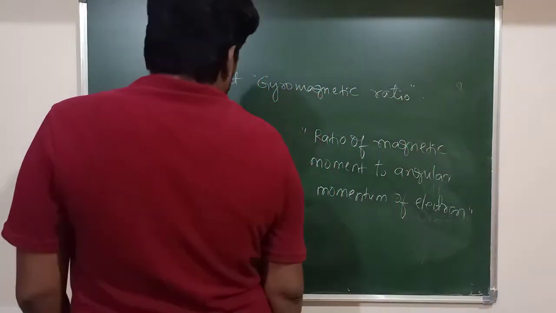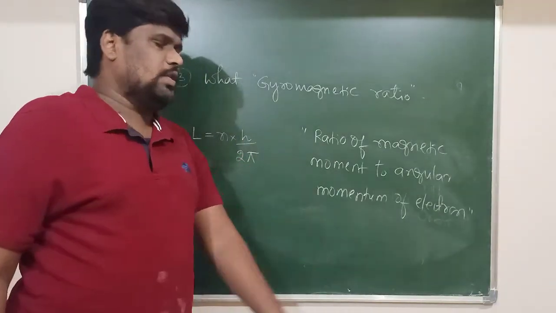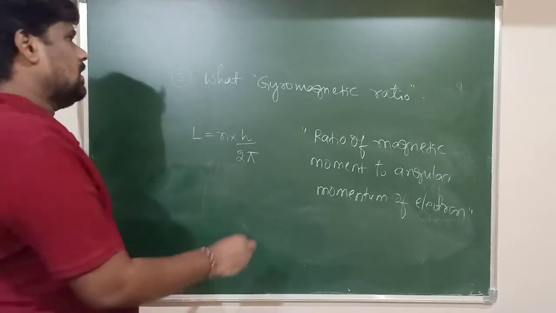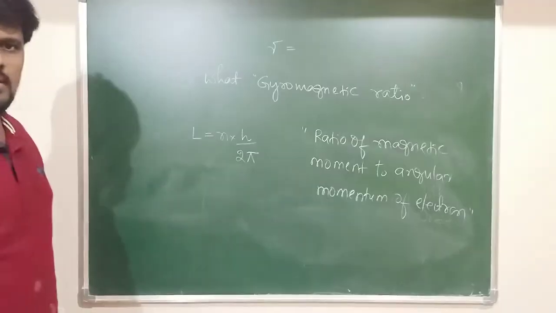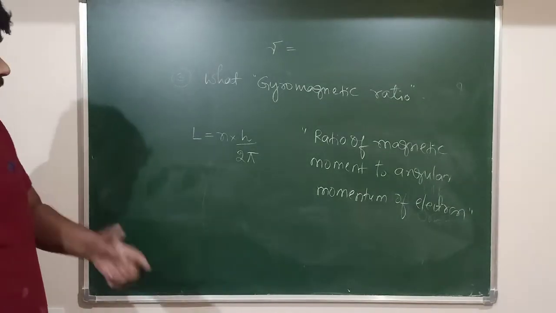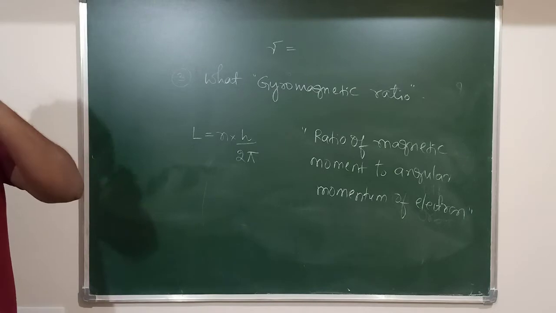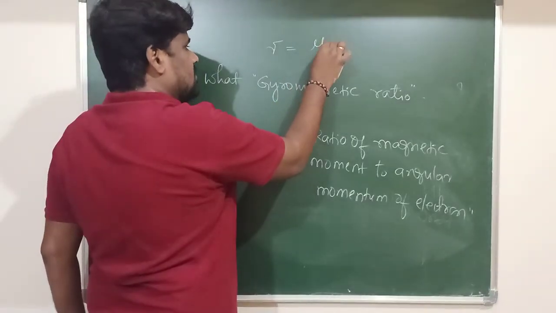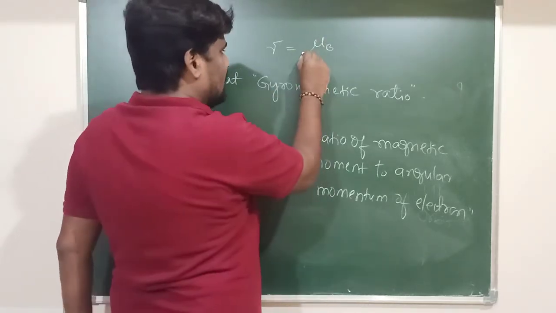You can also calculate the gyromagnetic ratio when the electron is revolving at the first orbit of what? Hydrogen atom. Gyromagnetic ratio is generally denoted by gamma. It is the ratio of what? Magnetic moment to the angular momentum. What is the magnetic moment of the electron revolving at the first orbit? It is given by μB, also called the Bohr magneton.